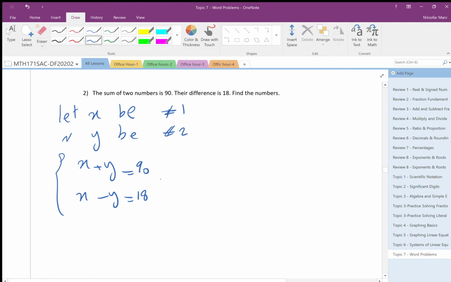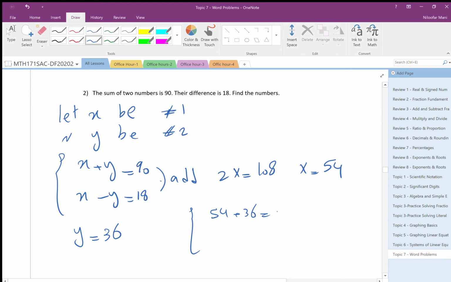So I have 2x equals 108, and x is 54, and y is 36. So I can see 54 plus 36 is 90, and 54 minus 36 is 18. Perfect. I can see left side equals right side.